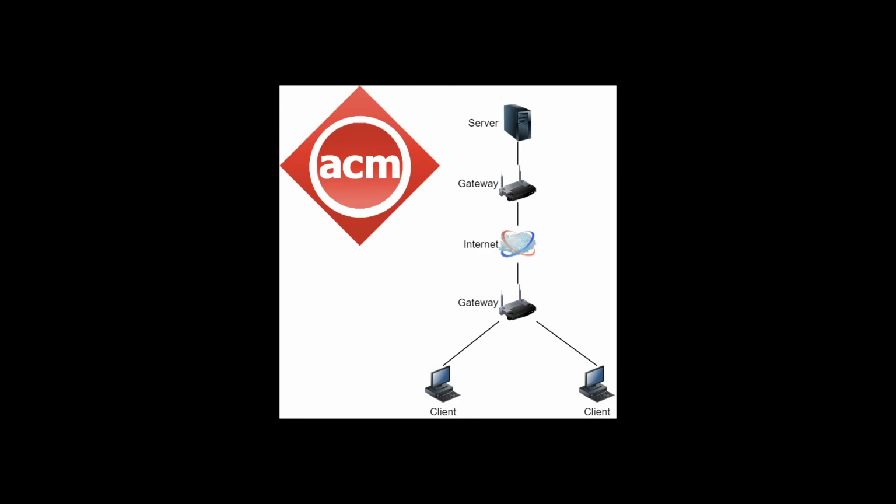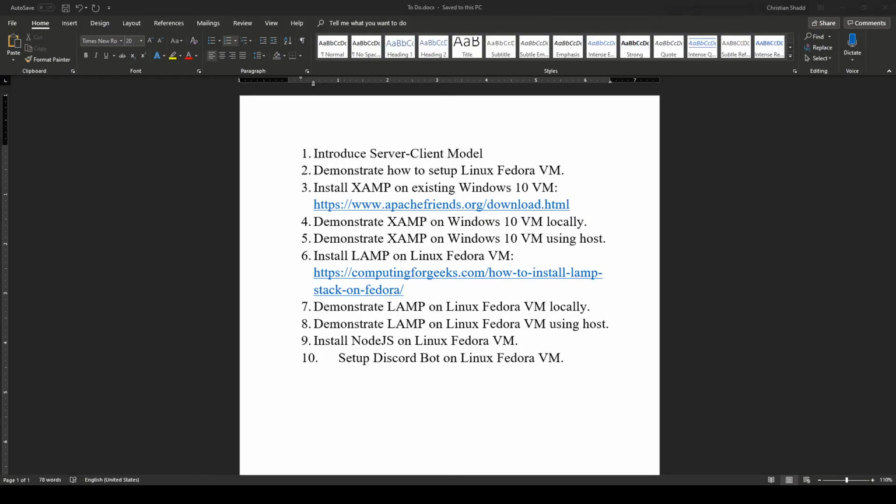So I do have a to-do list of what we're gonna be going over, and let me just get that up really quick. Oh, sorry, we'll be showing that in a bit. So I'm gonna first introduce the server client model because it's actually important, and then I'll demonstrate how to set up a Linux Fedora VM if I have time. We'll be installing XAMPP, which is a web server, on a Windows 10 virtual machine.